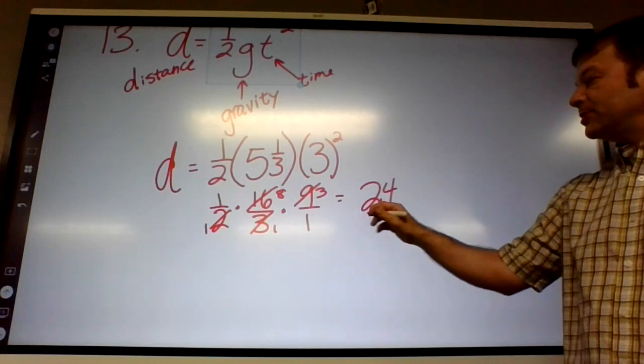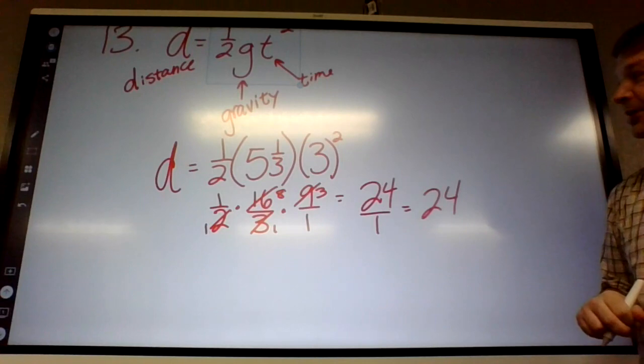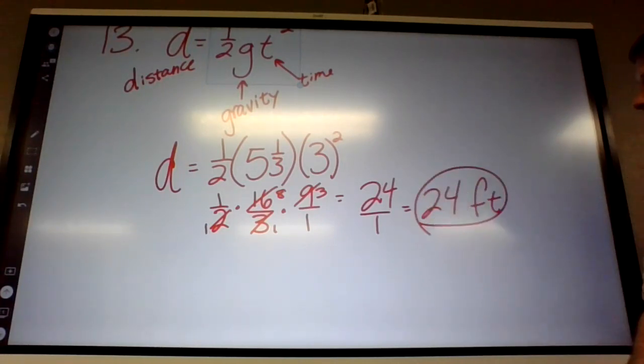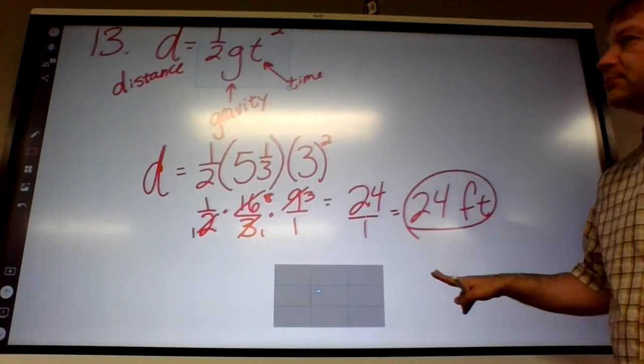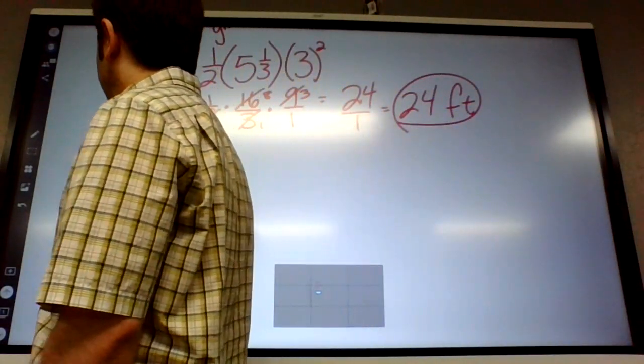And 1 times 1 times 1. So the object should drop 24, I guess we're talking about feet here. Alright, so let's just plug stuff in. Okay, number 15.